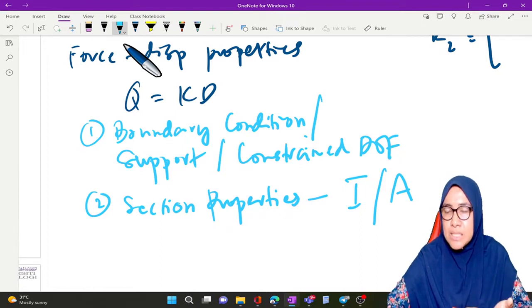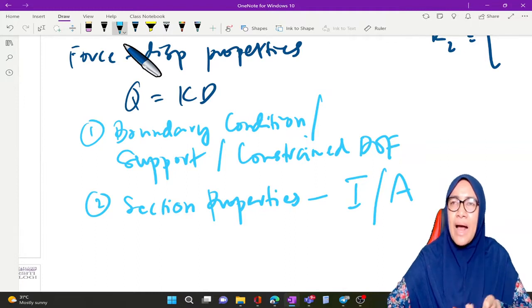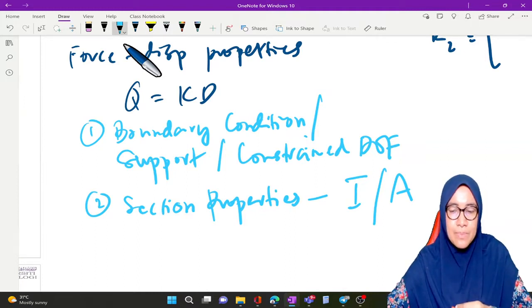Area for truss, I for beam, a combination of I and A for frame.